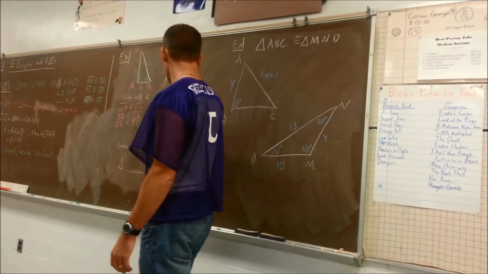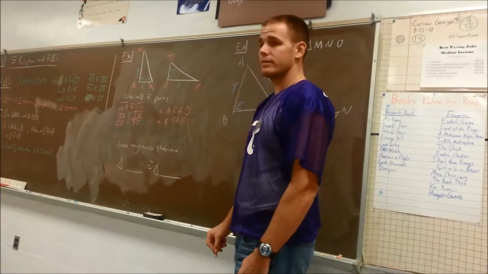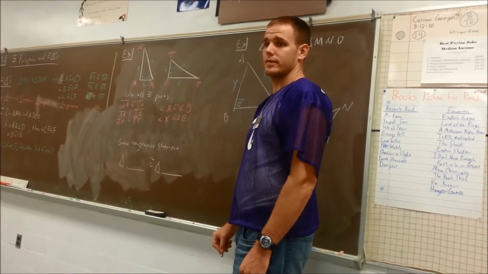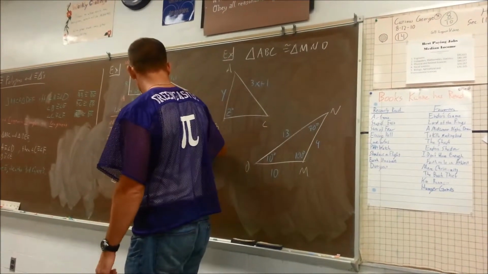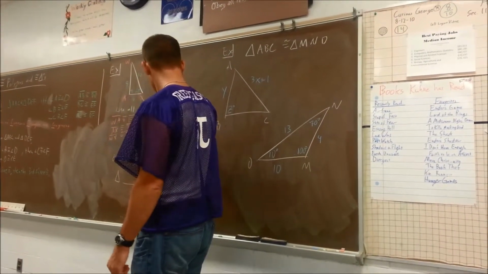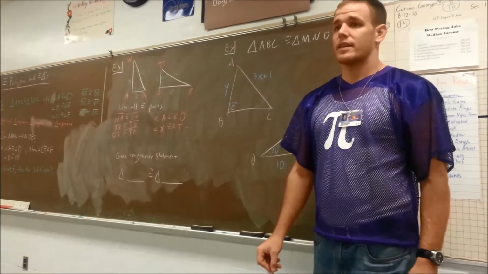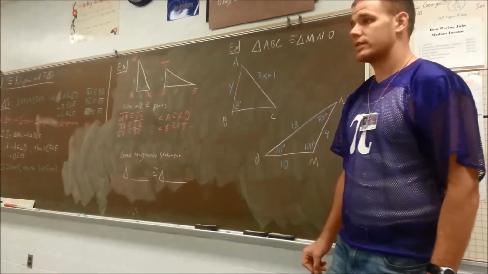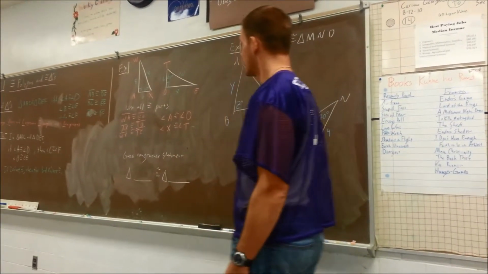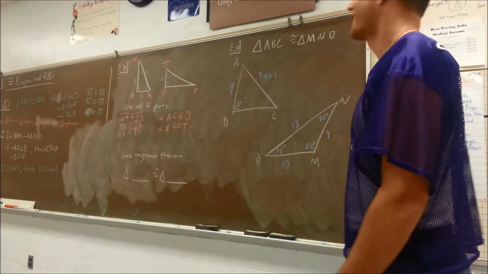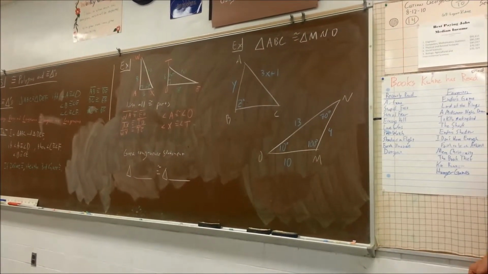Angle X is congruent to angle T, because they're both 60. And then the last one. The last pair of congruent angles. We got A is congruent to O, X is congruent to T.